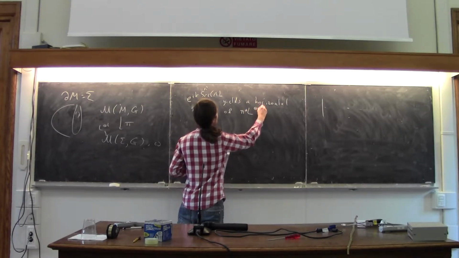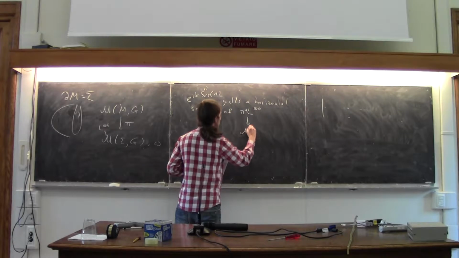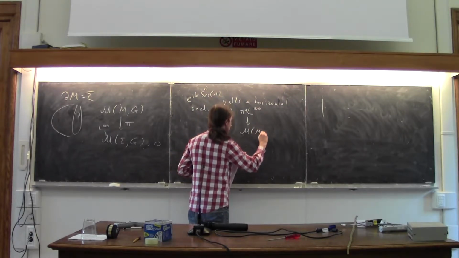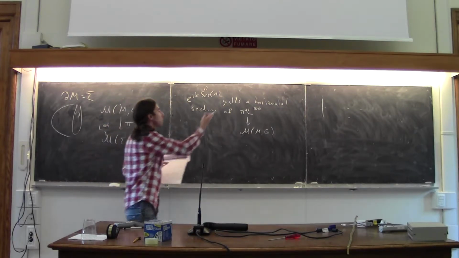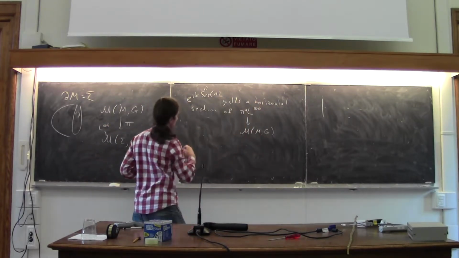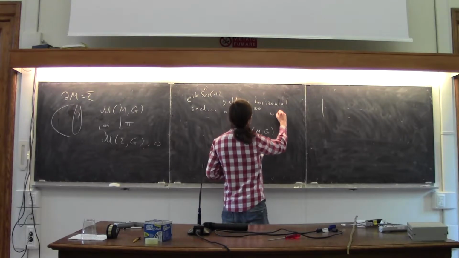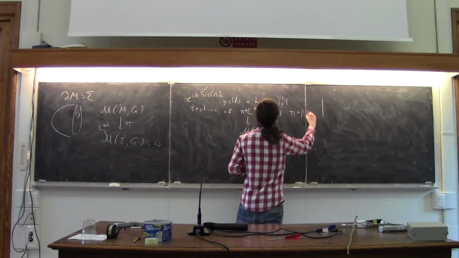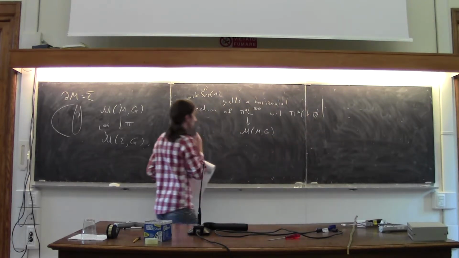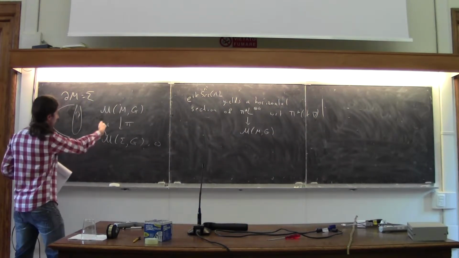Pi star of k over the moduli space in the bulk. So horizontal with respect to the pullback connection pi star of k.